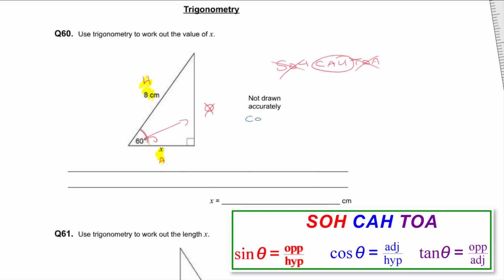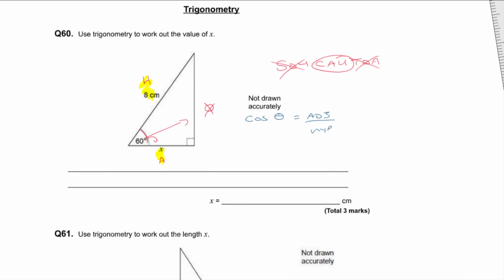So we're going to write down the cosine formula. Cosine theta is equal to adjacent over hypotenuse. Then we're going to sub in from the diagram. Theta is always the angle, isn't it? That's a placeholder for the angle. So cos 60 is equal to the adjacent, which is the thing we want to find, x, divided by the hypotenuse, which was 8.